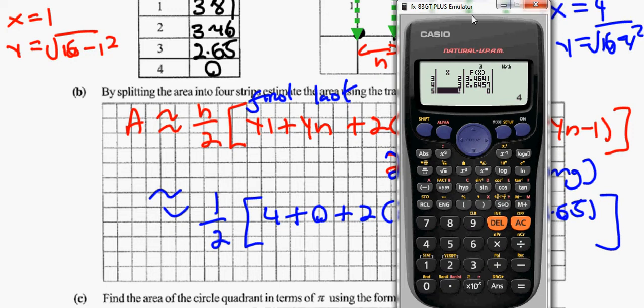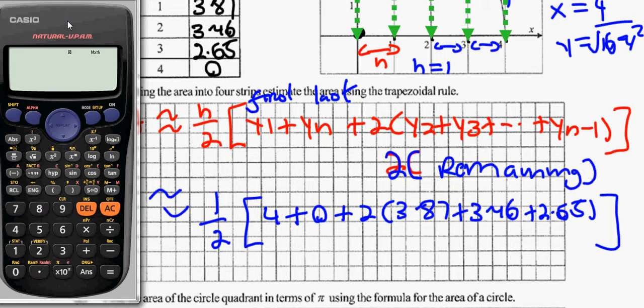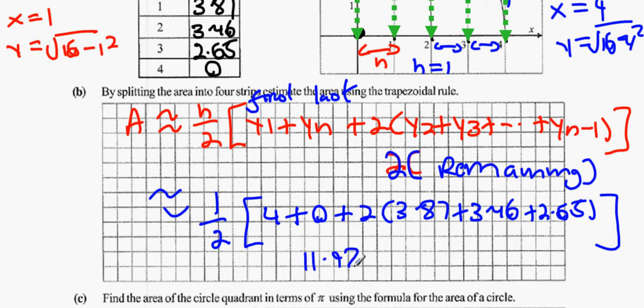All we have to do is change the mode back to the normal mode, and type 1 over 2, bracket, 4 plus 2 times, 3.87 plus 3.46 plus 2.65, double close the brackets, and what we should get is 11.98. So it's 11.98 square meters.